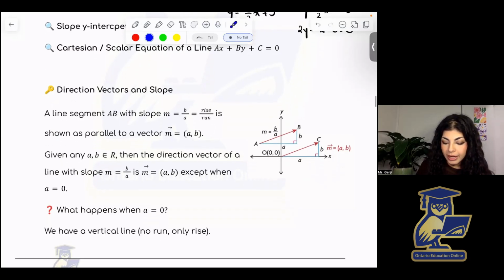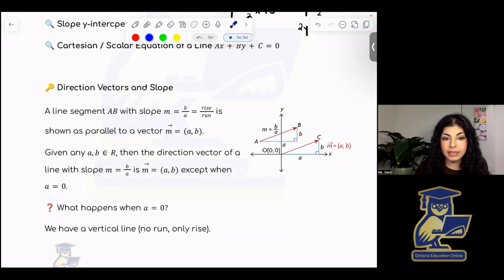So here we have this line segment, and its slope is b over a because it has a rise of b and a run of a. Now, if I move this over to start at the origin, it's now a vector. This is really also a change in y of b and a change in x of a, but because we start at the origin, we have a vector, which is our direction vector m, equal to (a, b) written in component form like this.